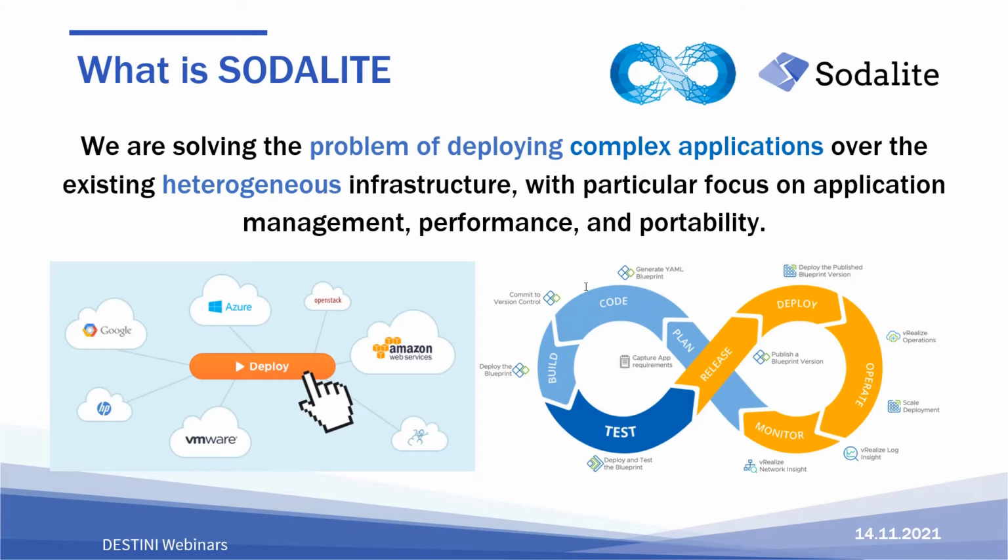Sodalite aims to resolve the complex problem of application deployment over heterogeneous infrastructures. Nowadays, there are different types of infrastructures, which include cloud, high-performance computing environment, edge, fog, and so on. The application should be able to utilize the characteristics of different heterogeneous infrastructure resources.